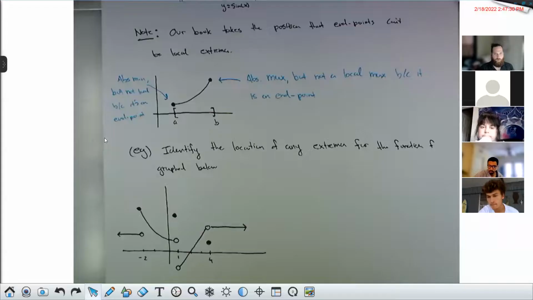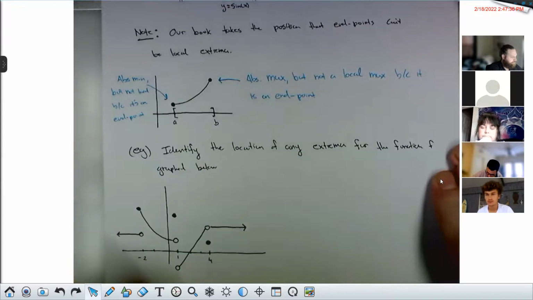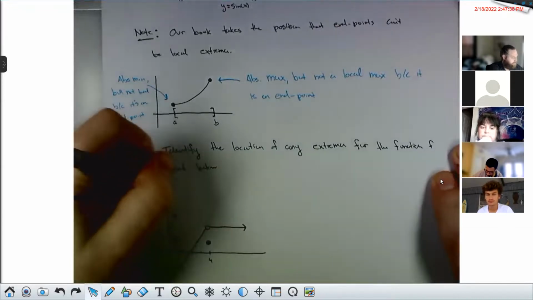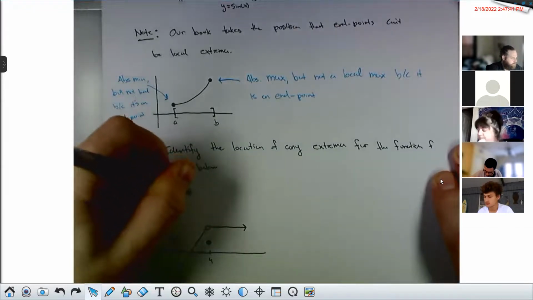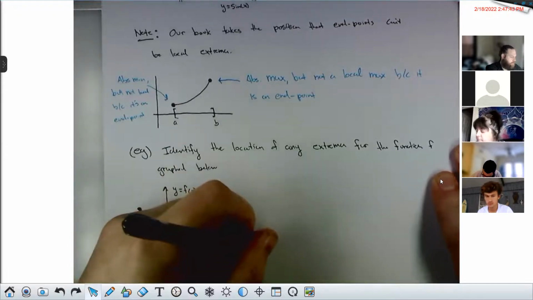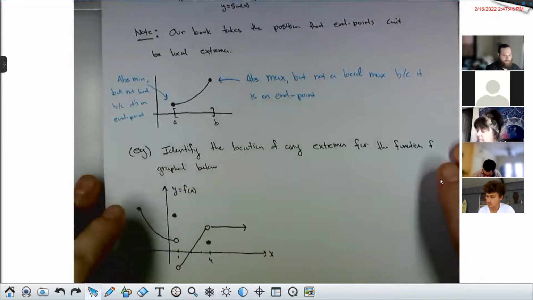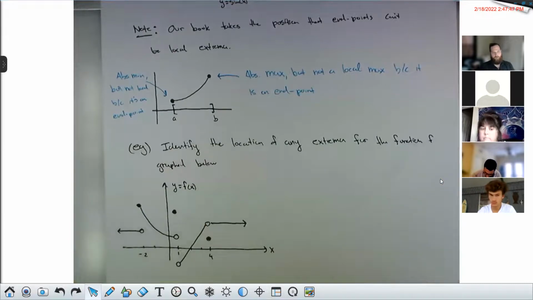So we were trying to identify the location of any extrema for the function f graphed below. So this is the graph y equals f of x. This horizontal axis is the x-axis. And we got ourselves a pretty wonky looking thing here.